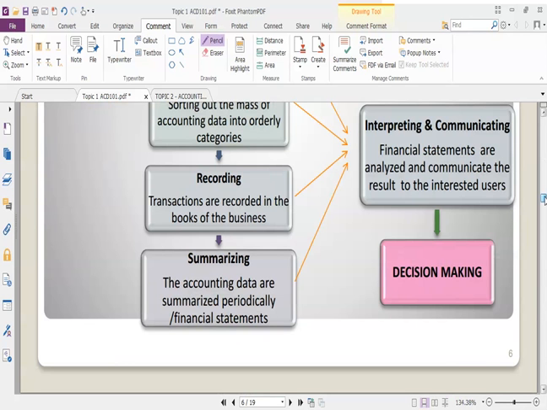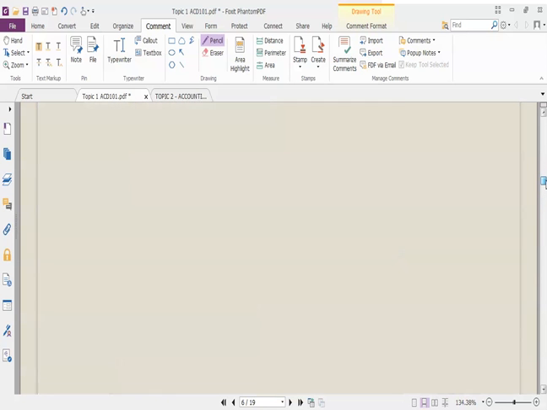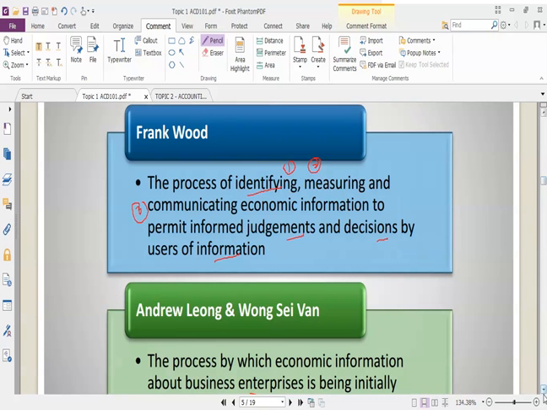The next step is recording. The transactions are recorded in the books of the business. Later on we will discuss how to prepare the books of the business. Then the summarizing process: the accounting data are summarized periodically into the financial statement.